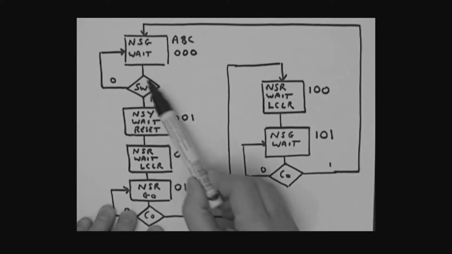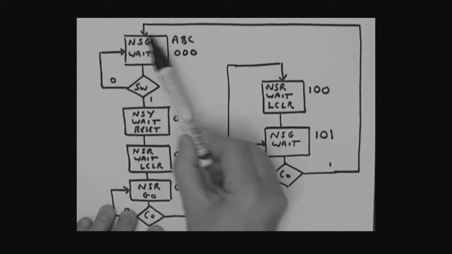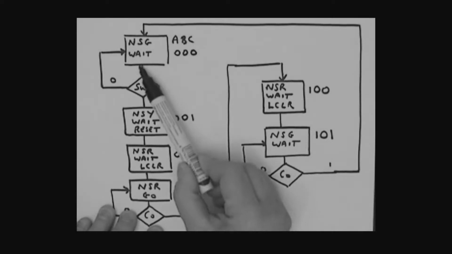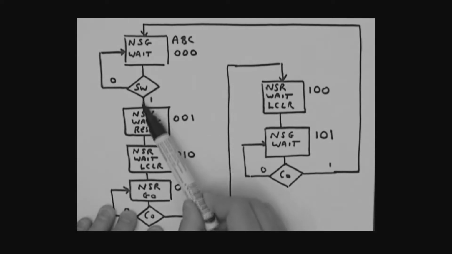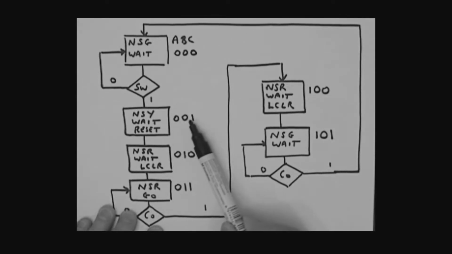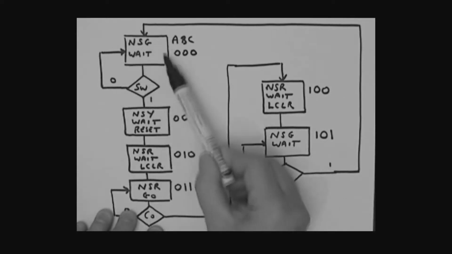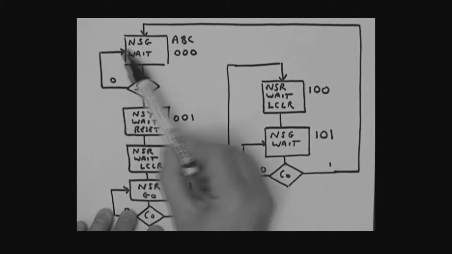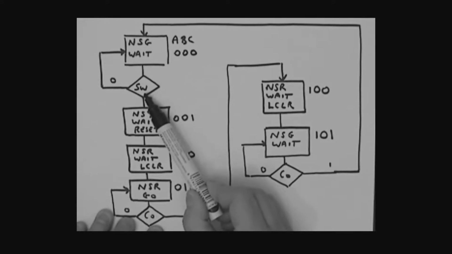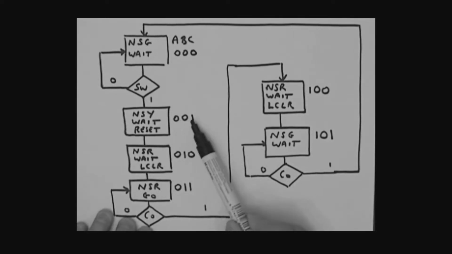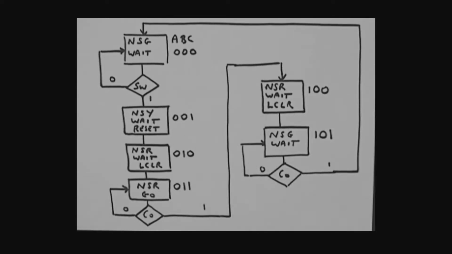If SW is 0, I stay in this 0, 0, 0 state. On the other hand, if SW were a 1, when I get the next leading edge of the clock, I would move to the 0, 0, 1 state. So we'll try to reflect those two conditions in that state. If SW is 0, we stay in the same state. SW 1, on the next clock, we would move to the 0, 0, 1 state.